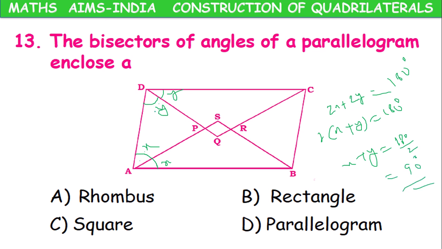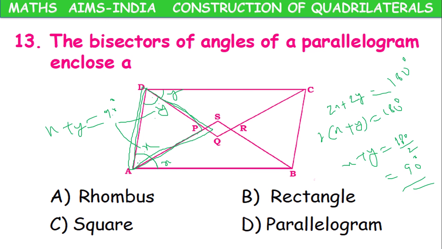So x plus y equals 90 degrees in this triangle, in this APD triangle.